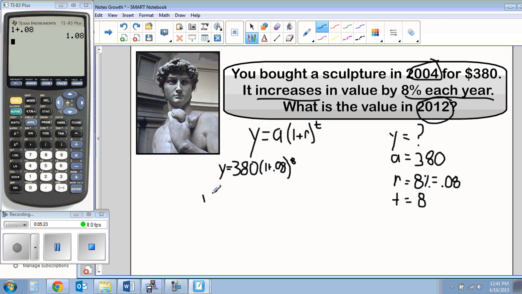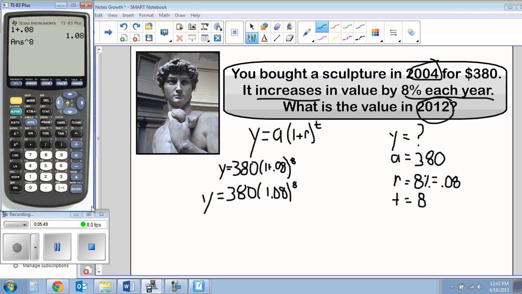So if I'm just looking for a simplified equation, it would be y equals 380 times 1.08 raised to the power of 8. And again, when I follow order of operations, all I have to do on the calculator is raise this to the power of 8, and I hit enter.